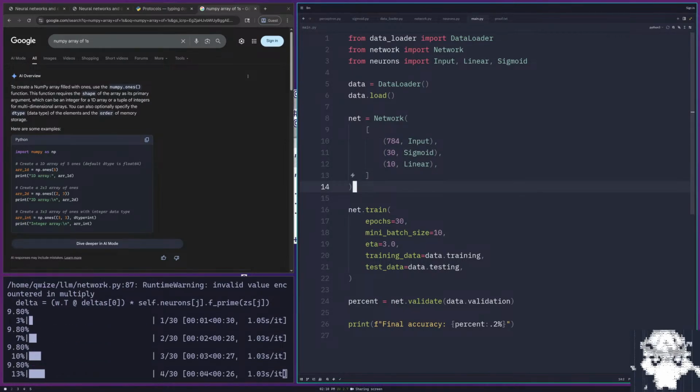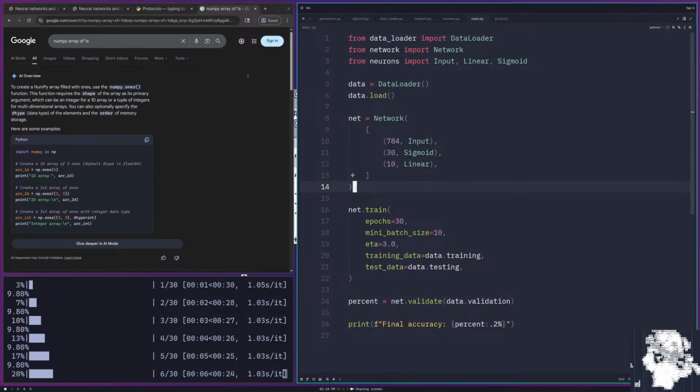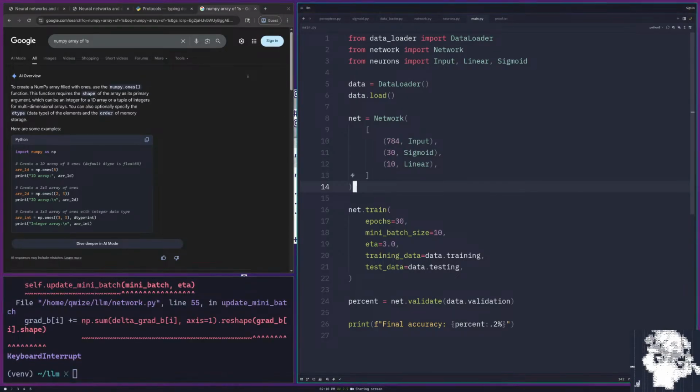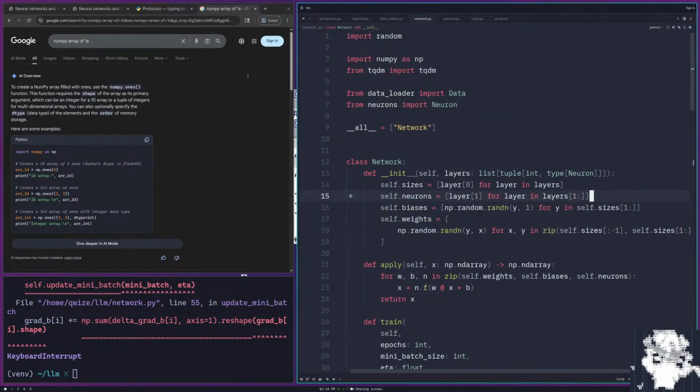It's broken now. How did I break it? Interestingly, sizes is not used elsewhere than right here.